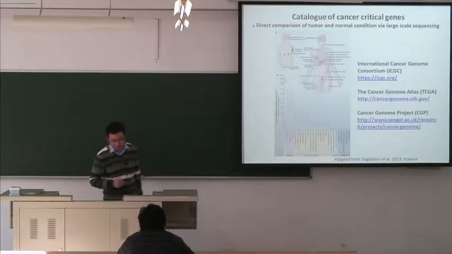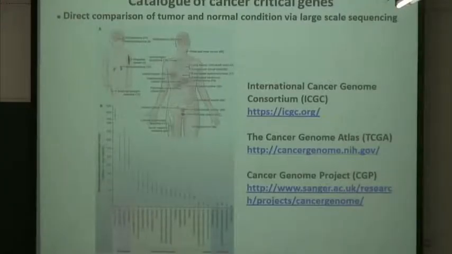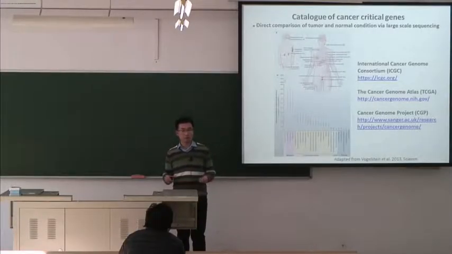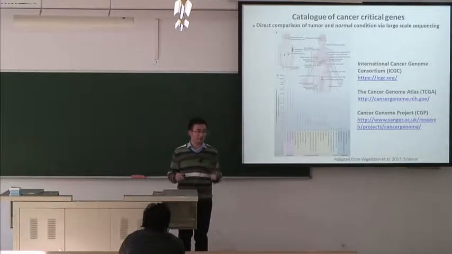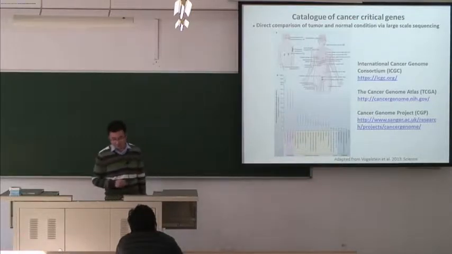So the idea is that with this sequencing technology, we would like to profile the mutations of each major type of tumor, and we take hundreds of tumor-normal pairs of samples. We need to know what mutations are involved in each type of cancer, including the gene expression and epigenetic changes.